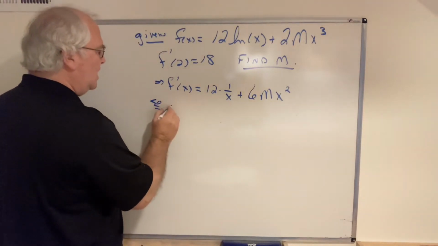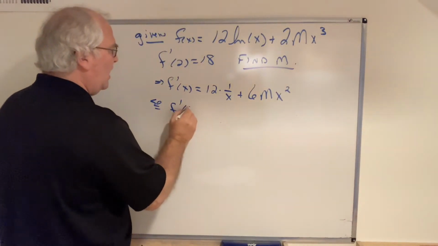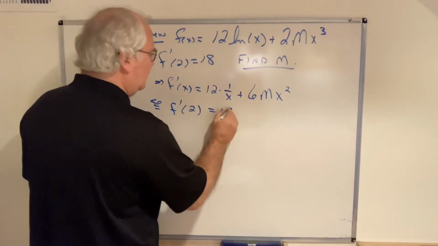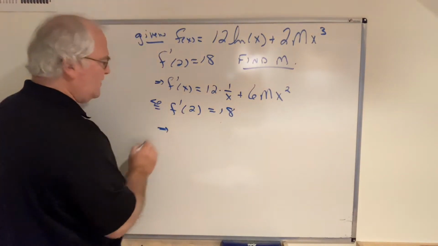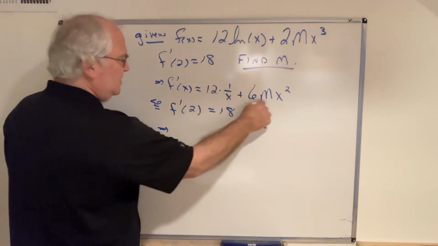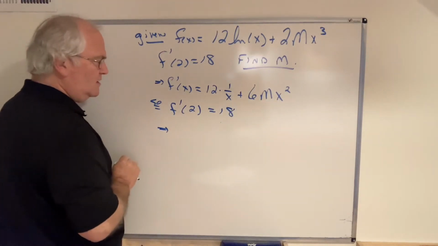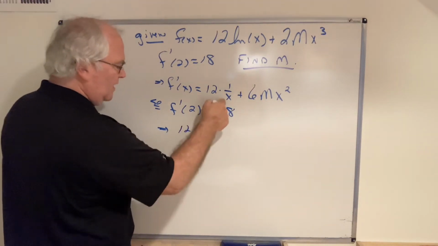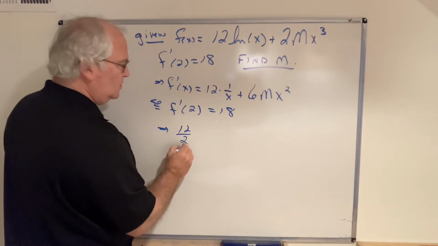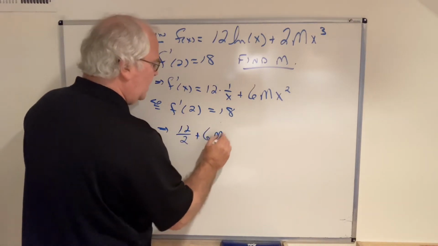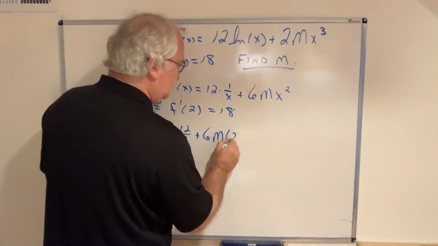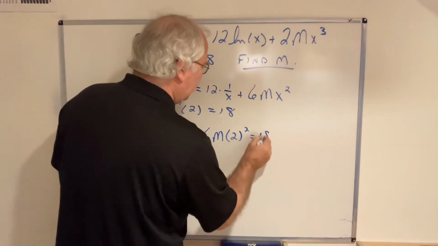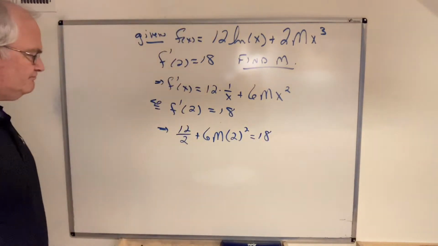So we know that f prime evaluated at 2 is equal to 18. So what does that imply? If I plug 2 in for all these x's, that must equal 18. So I have 12 over 2 plus 6m times 2 to the second, and that's equal to 18. Back solve for m.